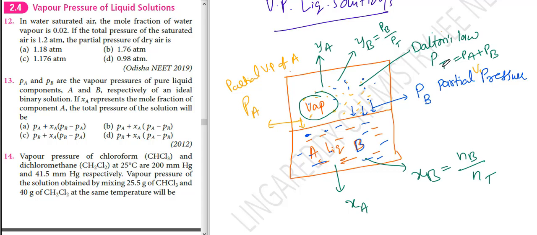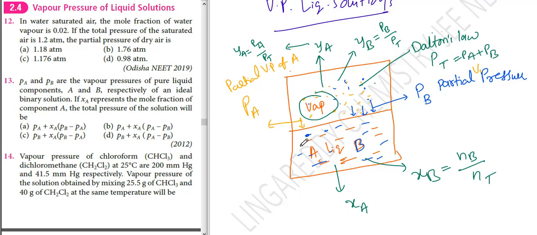The total pressure PT equals PA plus PB. Similarly, YA equals PA by P total. Mole fraction understood.